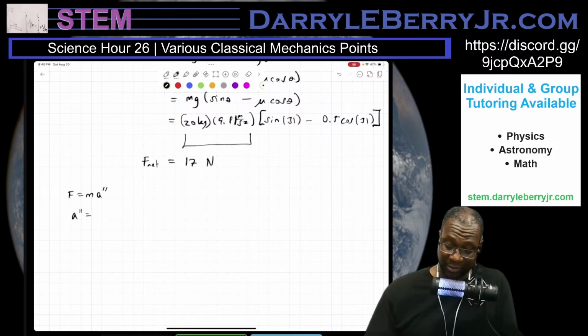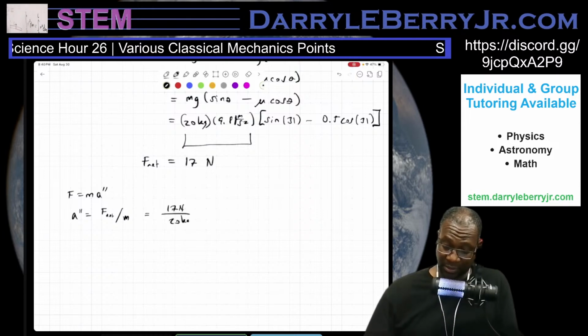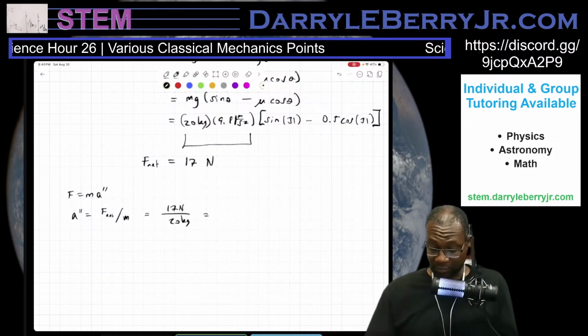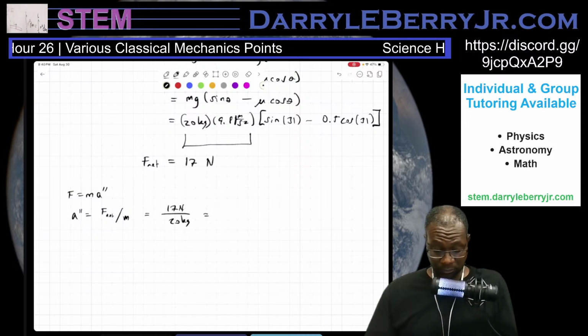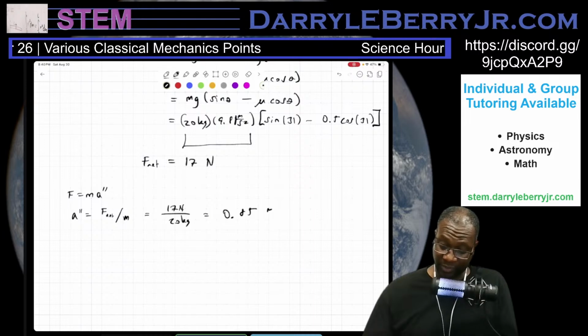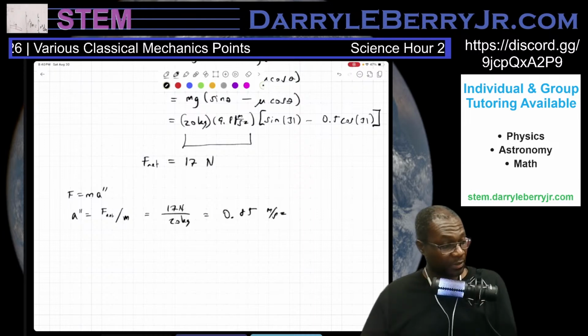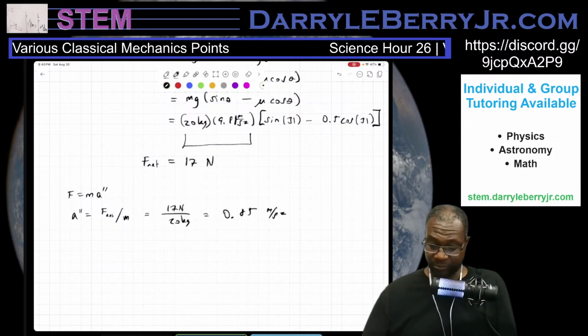So A double prime equals F net divided by M. That's 17 newtons divided by 20 kilograms, which equals 0.85 meters per second squared. It's a big difference. Yep, it's about what I had last time.